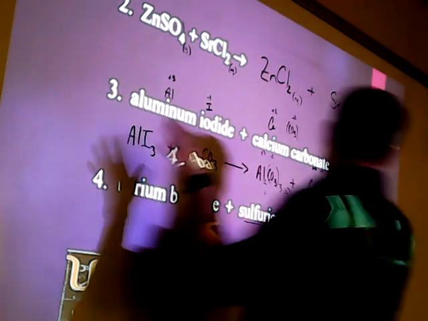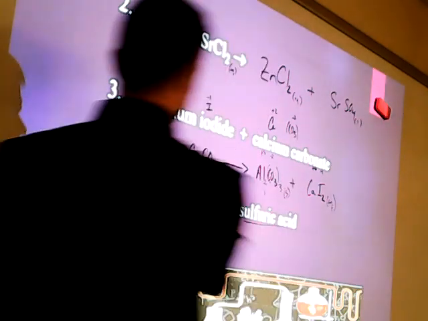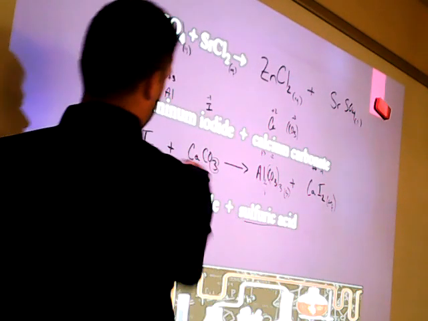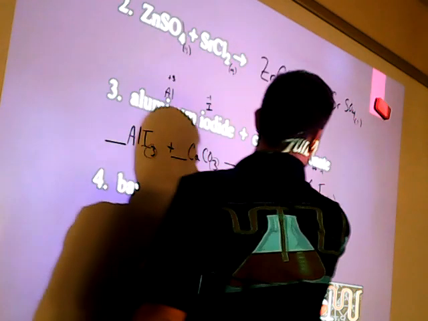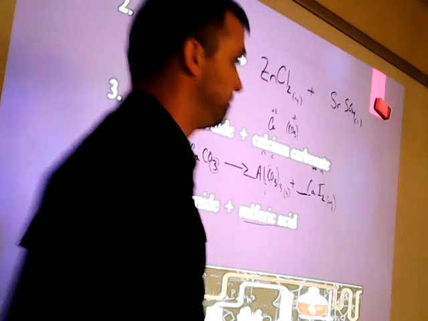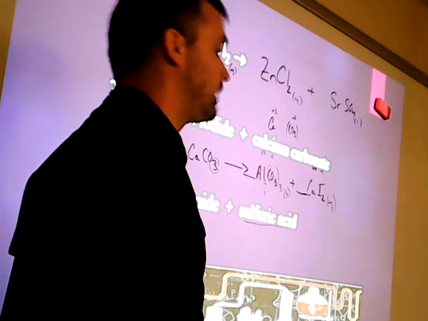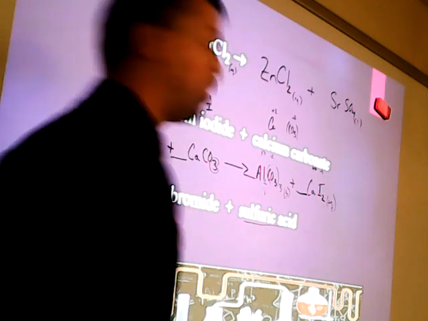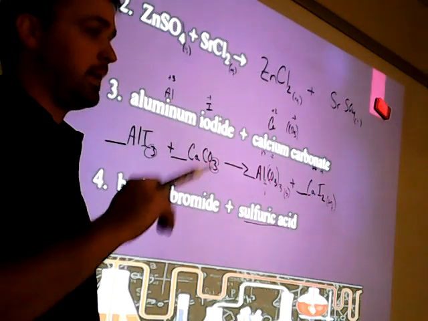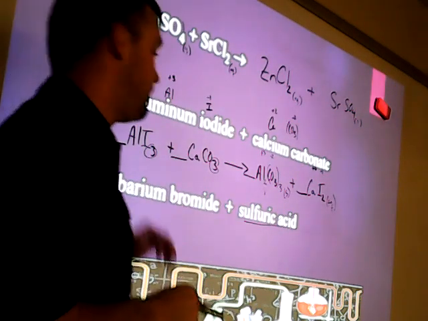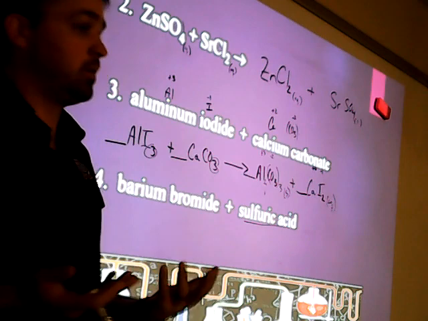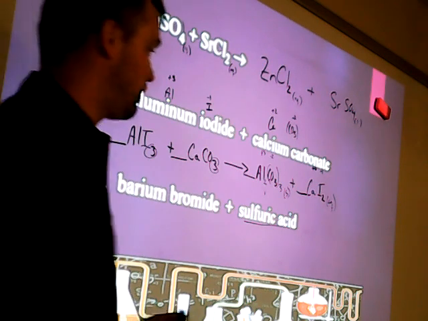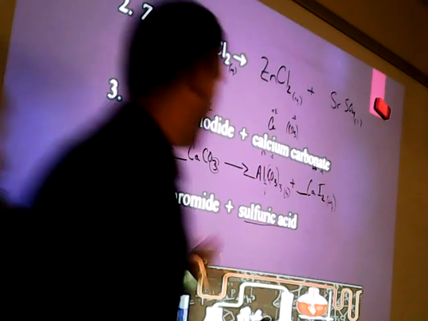What can I change up here when I balance? Can I change subscripts? No. You can only change coefficients. Yes, only the coefficients. You cannot change subscripts, even though it may look easier, and it would be easier if we could do that. That's not the right way to do it. Okay? Only coefficients.